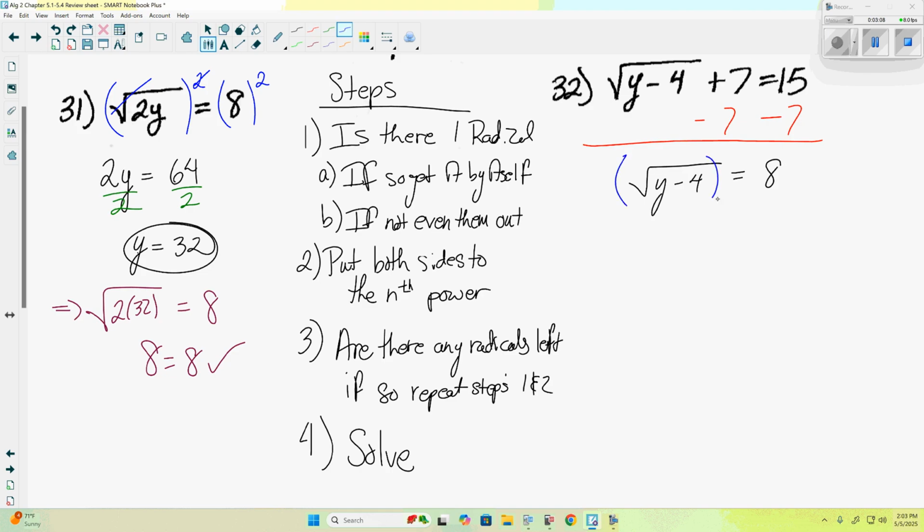Now, since the radical is by itself, we can square both sides. And on the left-hand side, the square root and square will cancel, telling us y minus 4 is equal to 64. There are no radicals left.